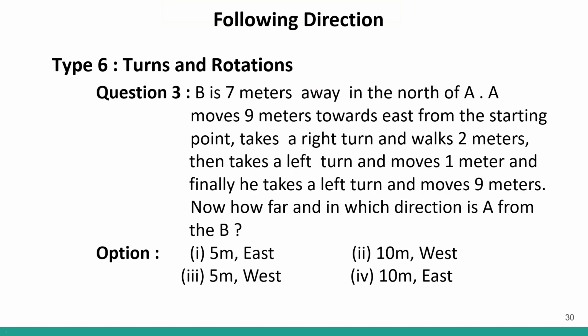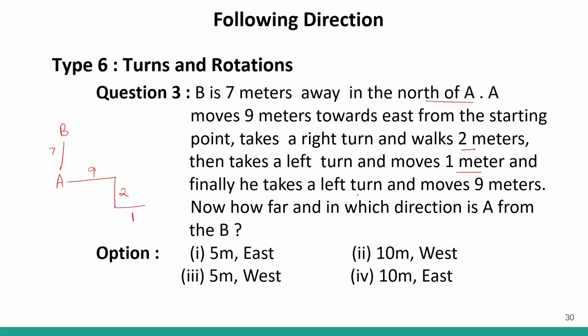Now, B is 7 meters away in the north of A. So B is 7 meter to the north of A. A moves 9 meter towards east. So 9 meter towards east from the starting point. And takes a right turn and walks 2 meter. Then takes a left turn and walks 1 meter.